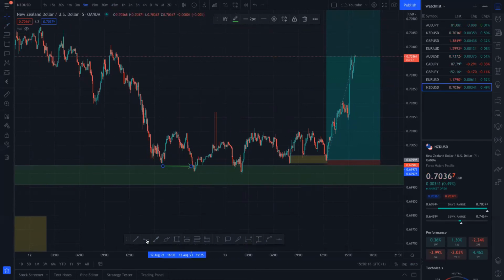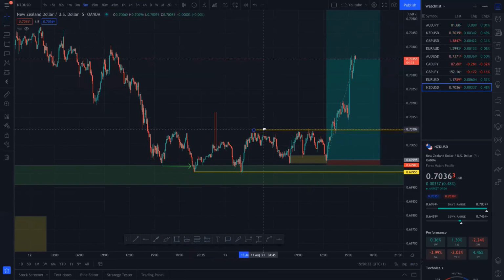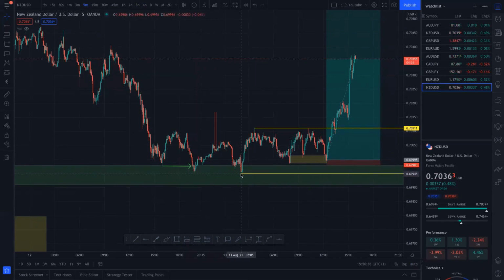This is the low, this is the high, this is the low. That's the range. That range got broken here once, which is a break of structure. We'll be looking to buy from here because it's reacting from our order block, our point of interest. That's a green zone, which is our refined order block.